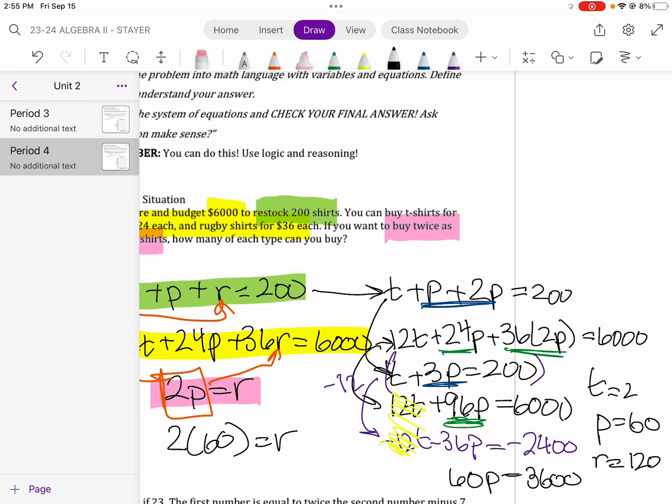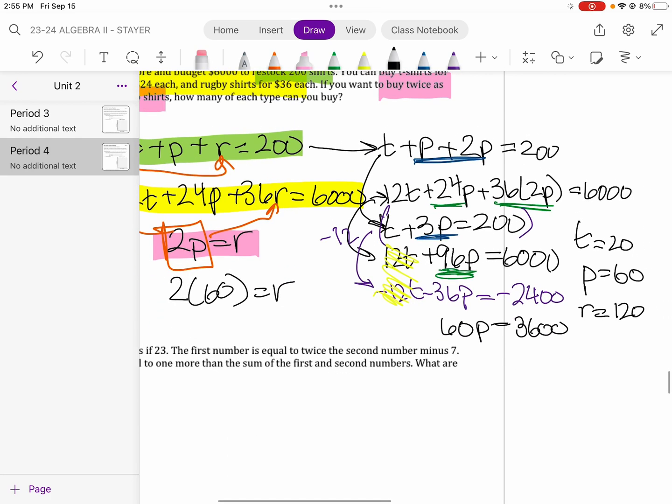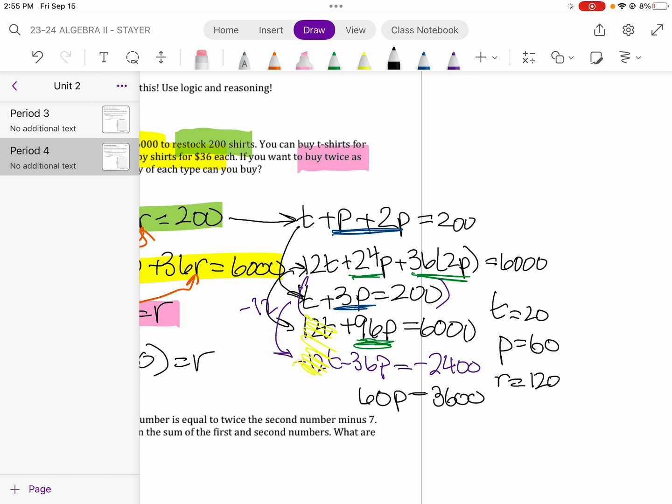So wouldn't the t-shirts be 20? Make sure that you kind of come to a consensus as an answer. 20 t-shirts, 60 polos, and 120 rugby.